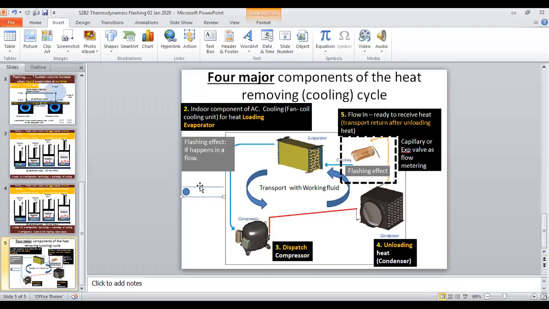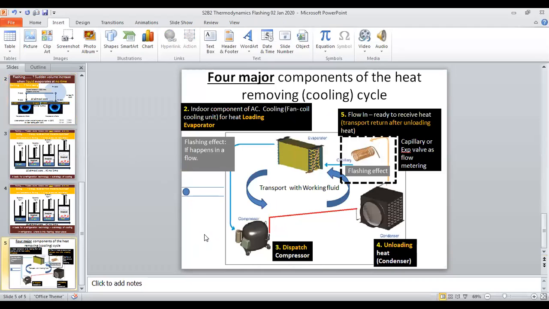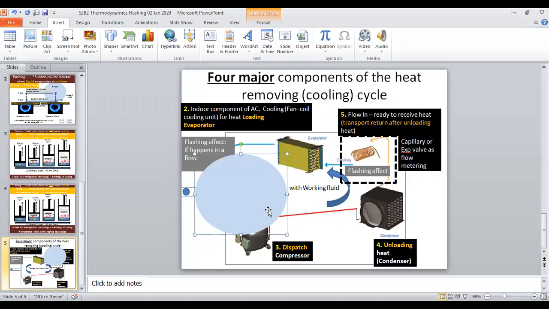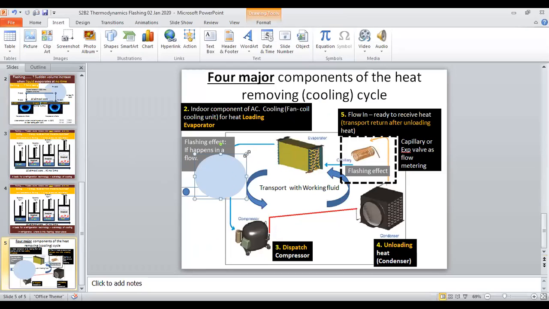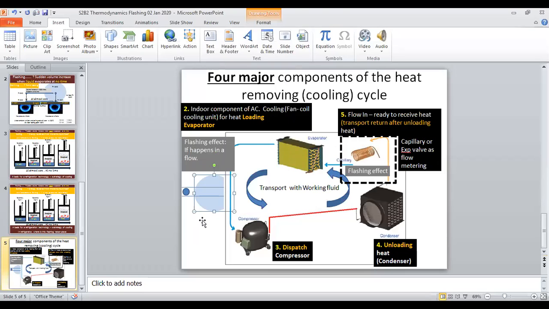If the flashing effect takes place, let's say not that big, like this, so what happens if this flashing effect takes place?